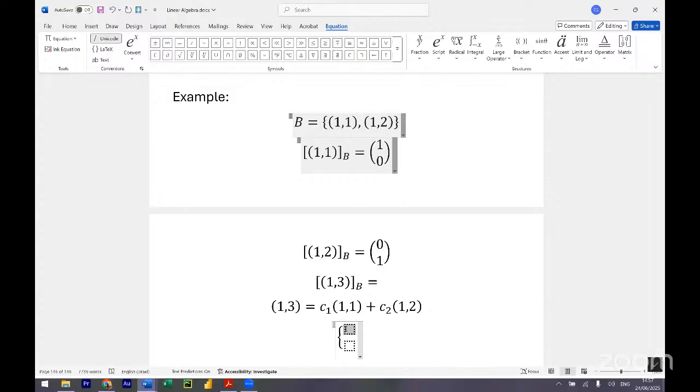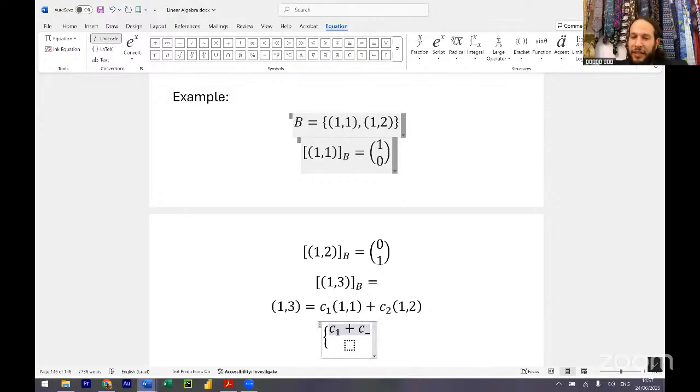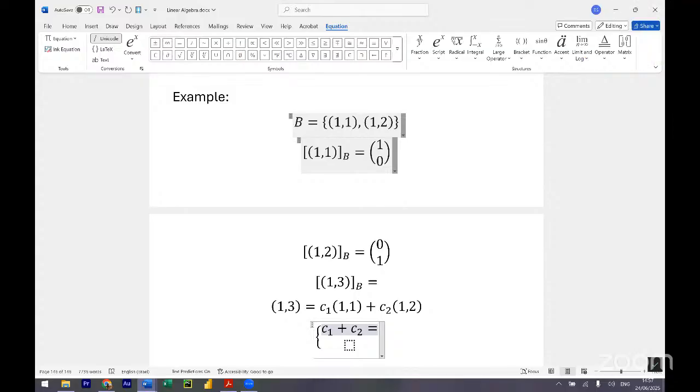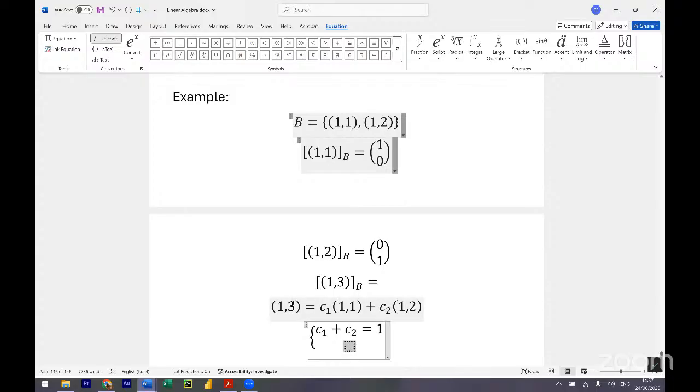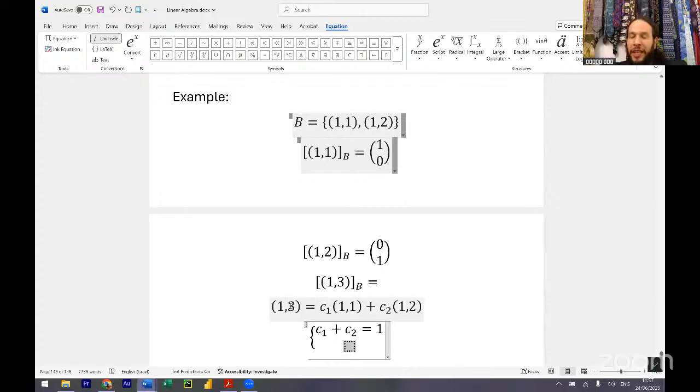C1 plus C2. What is that supposed to equal? A. But we didn't write an A in general, so 1, right? You're correct that it would be preferable to do it in general with A and B, and I will do it in a few seconds. But first of all, I'm simply solving the specific vector.